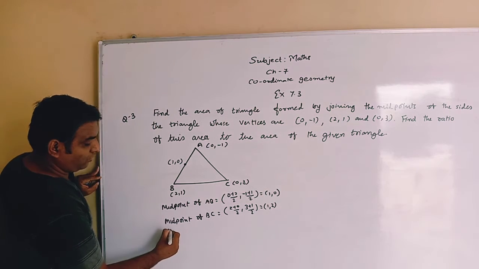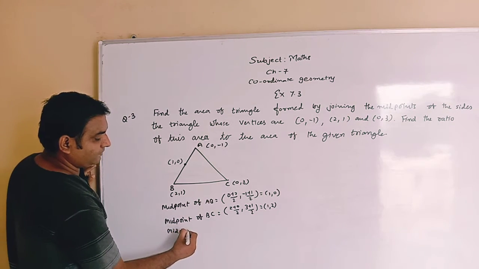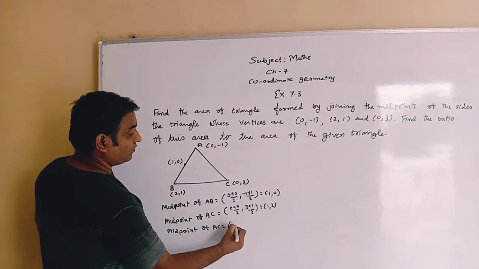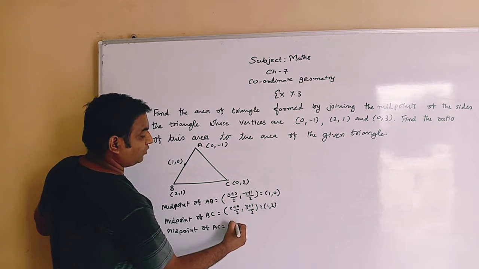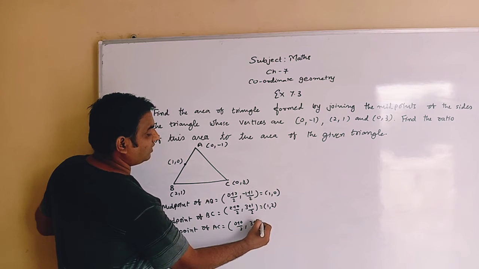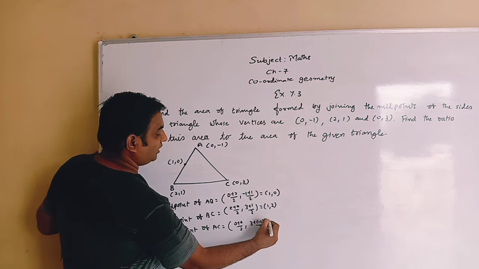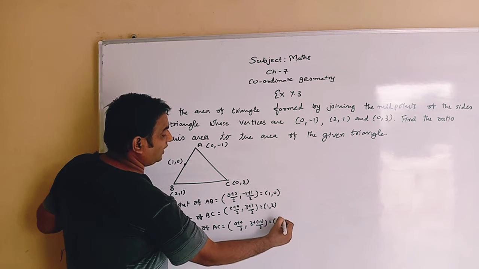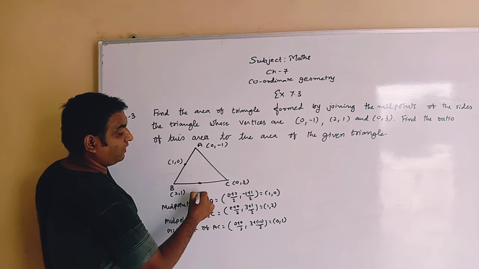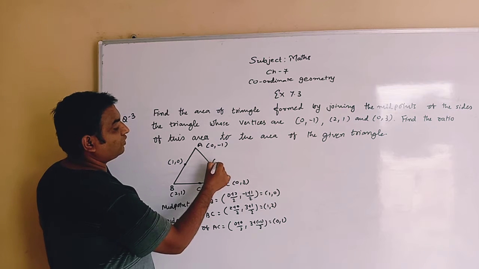And the midpoint of AC: (0 plus 0) by 2 and (3 plus (-1)) by 2, and so it is 0 and 2 by 2, that is 1. So here BC's midpoint we got (1, 2) and here we got (0, 1).